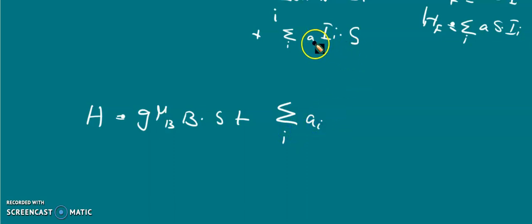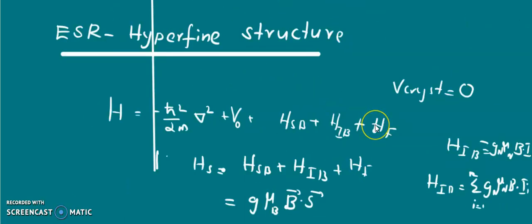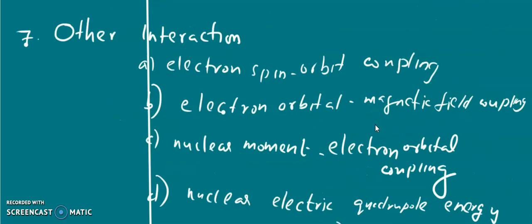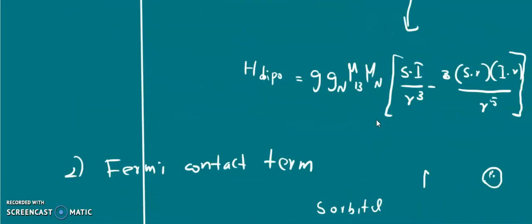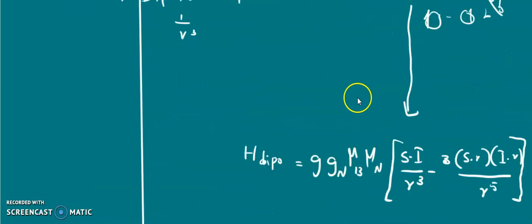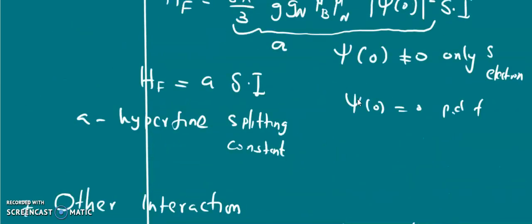So the A's will be different for different i's, because we have seen that this A depends on the nuclear G factor, which is different for different nuclei.